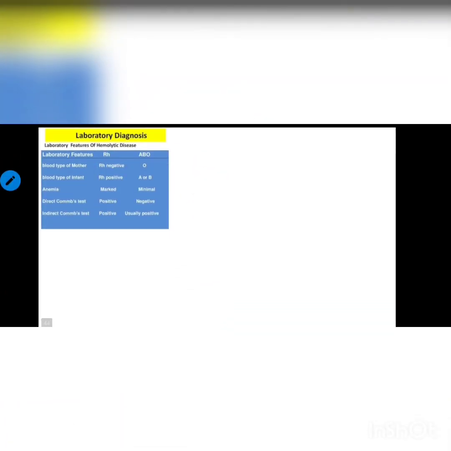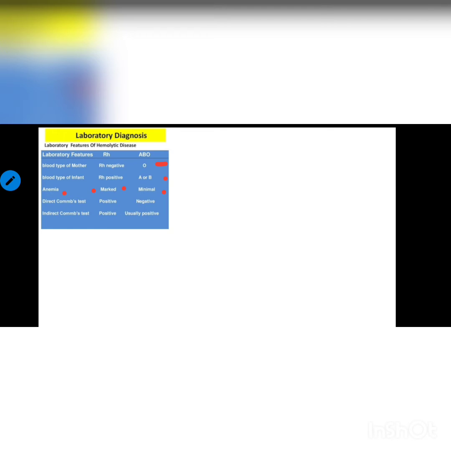Laboratory diagnosis, its features. Blood type of mother Rh negative and ABO O group, and blood type of infant Rh positive. The child may be A or B. Then you should check for the possibility of hemolytic disease.